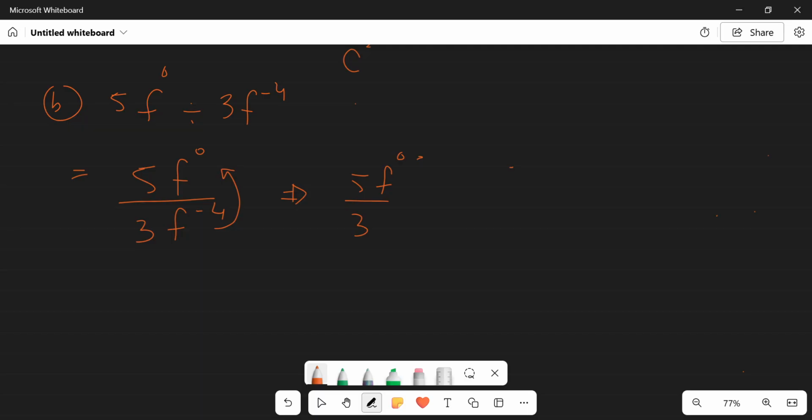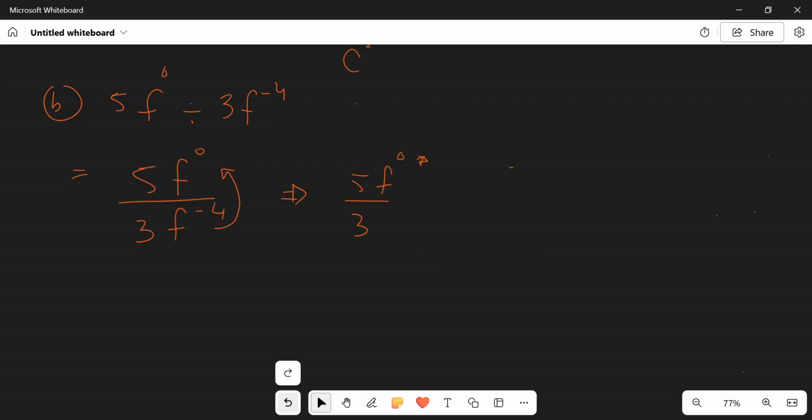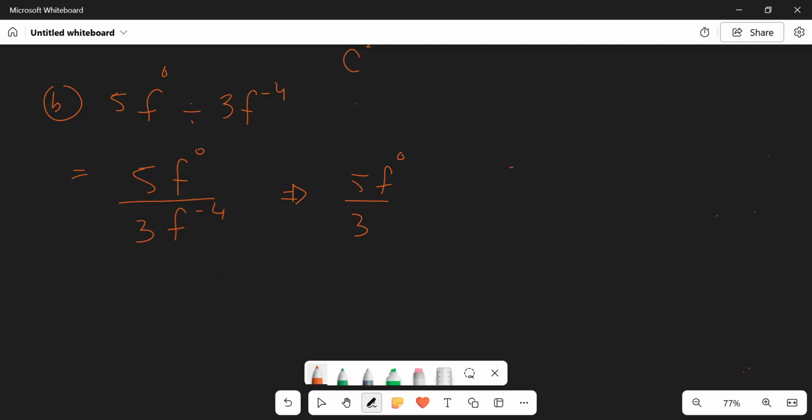So minus 4 turns into plus 4. So 5 over 3, and f to the power 0 plus 4 is f to the power 4. So this is the answer.